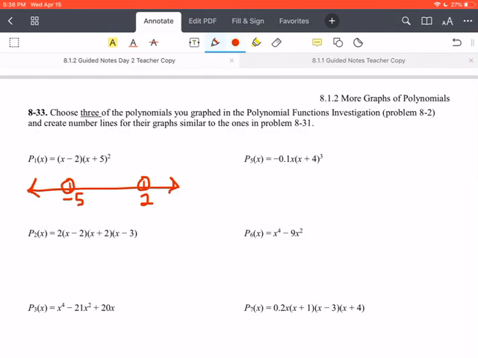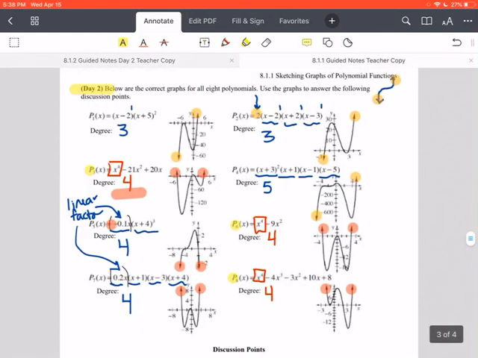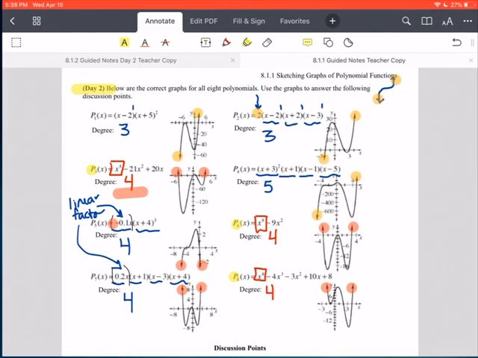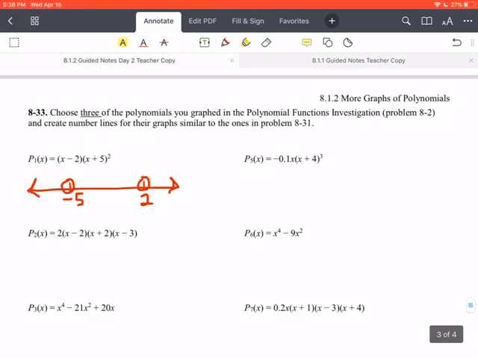And then if we look at the graph, we see from -infinity all the way to 2, it is below the x-axis, so we're negative. But then when we get to 2, it pops above. So what are we going to shade?